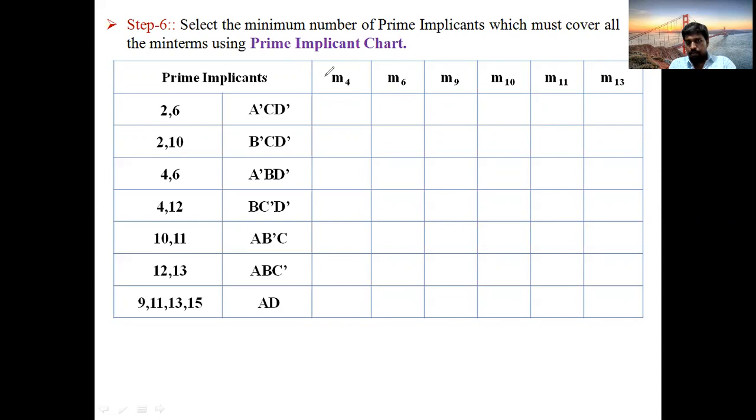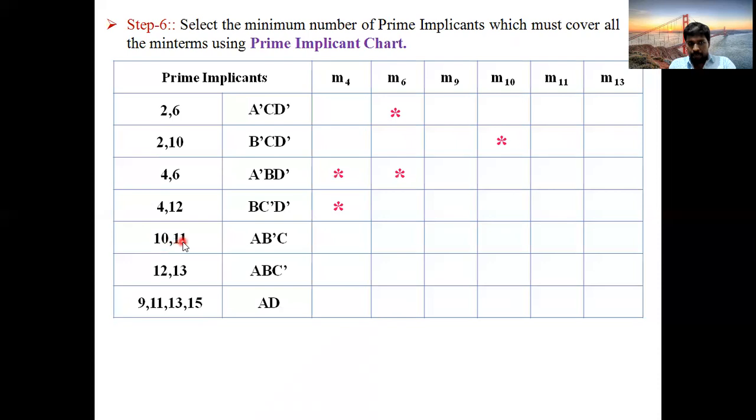Now you can start plotting. This is involvement of 2, 6. But 2 is a don't care. So you remove 2, only 6 will be there. So under M6, put a star here. Likewise, 2, 10, where 2 is a don't care, take 10 here. 4, 6, yeah, 4 is there, 6 is there. So 4 is star, 6 is a star. Next 4, 12. 12 is a don't care. So take only 4.